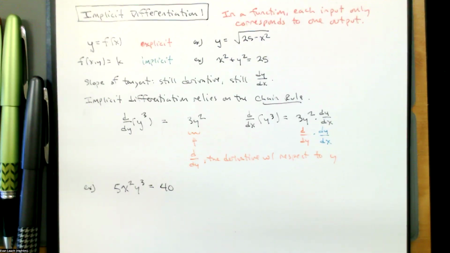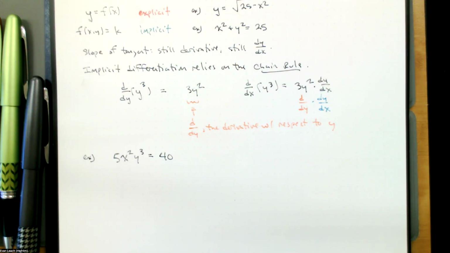Here I've got an equation in x and y, and the understanding is that x and y are related in some fashion. We're using this equation to make a relationship between x and y. We're not thinking of x and y as being independent variables. We're very much thinking of this as a curve.